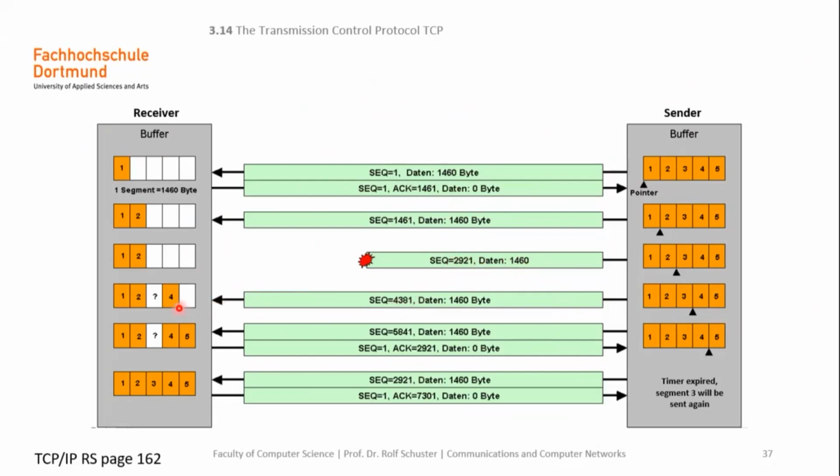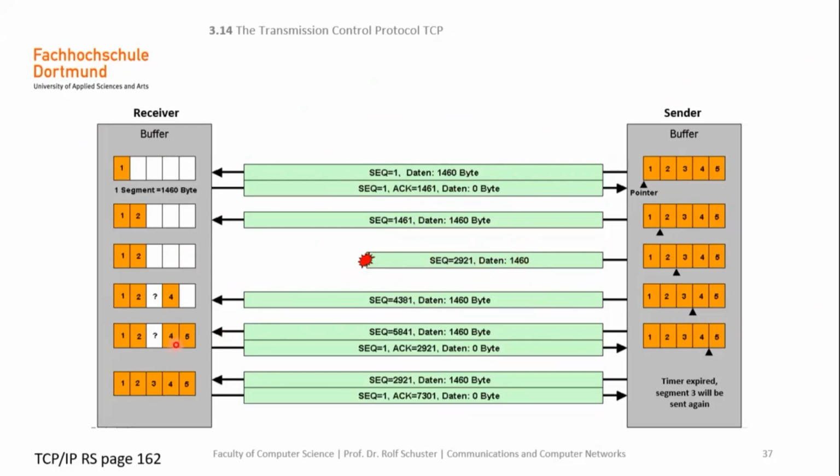And perhaps when this data arrives, it is stored in this position, and in fact this space in the receiver buffer is left available because there are 1,460 bytes that are lost.